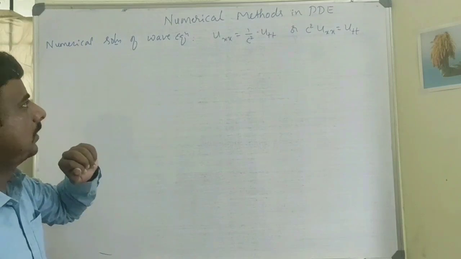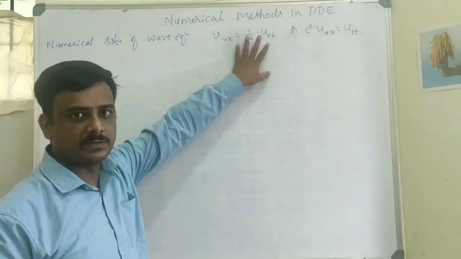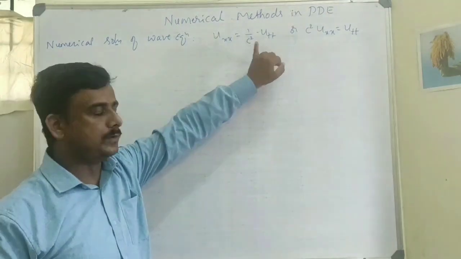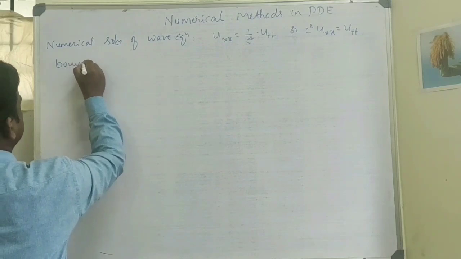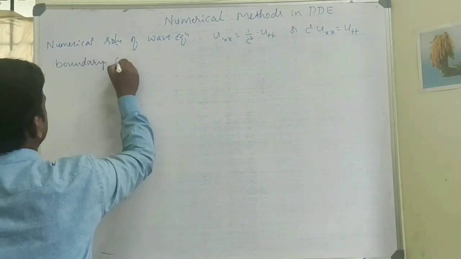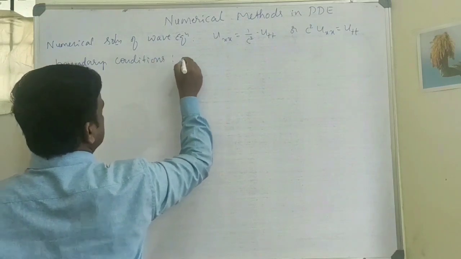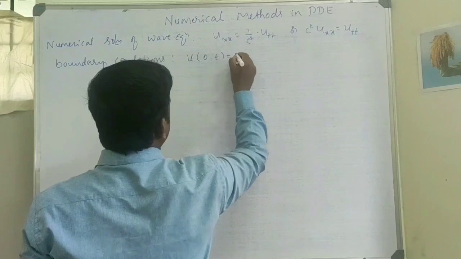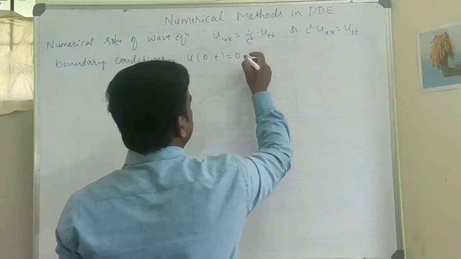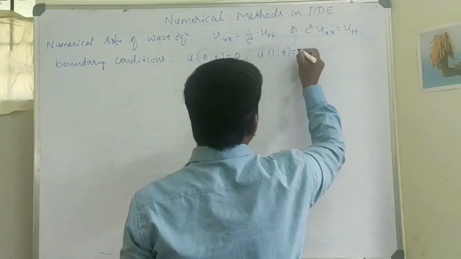Here, to solve wave equations, usually we will be given this equation with some particular value of c and the boundary conditions. This will be given in the statement, that is u of 0 comma t equal to 0 and u of L comma t equal to 0.